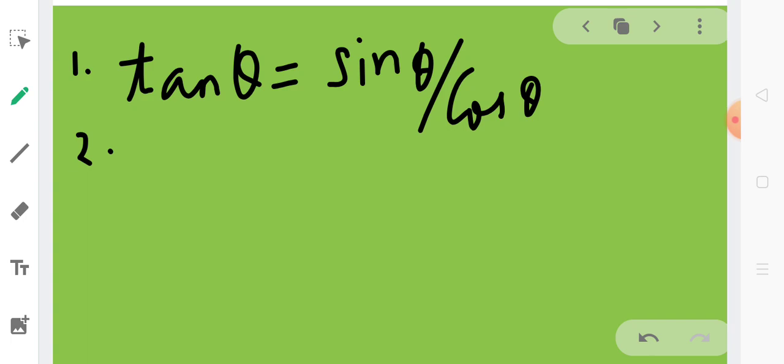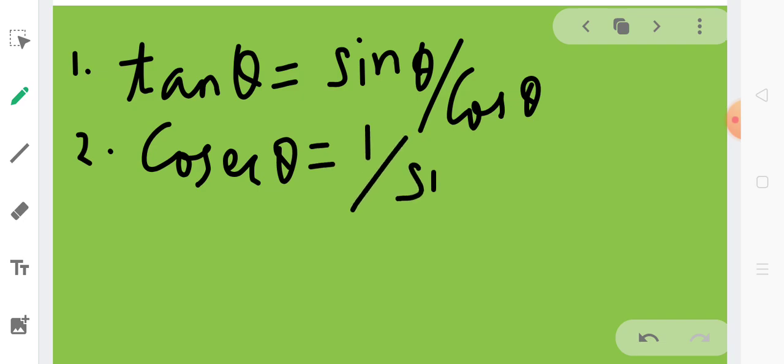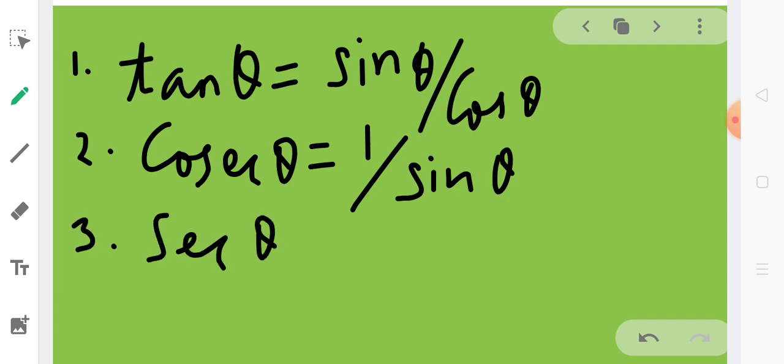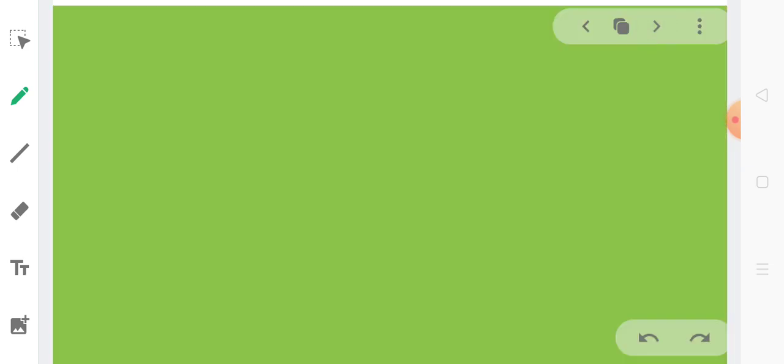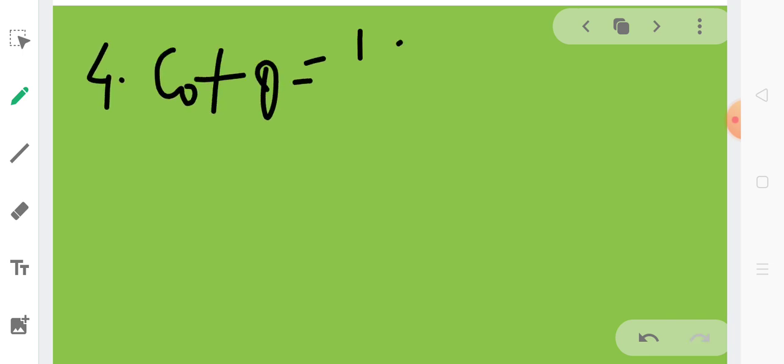Then cosec theta is 1 upon sine theta. Sec theta is equal to 1 upon cos theta. Cot theta is equal to 1 upon tan theta.